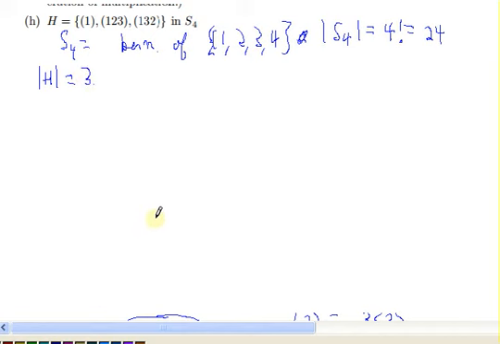Okay. Now, to find cosets of H in S4, I'm going to do a similar process to what I did before. I'm going to take H and multiply. Well, let's do the left cosets first. To do the left cosets, I'm going to have to multiply on the left by group elements.